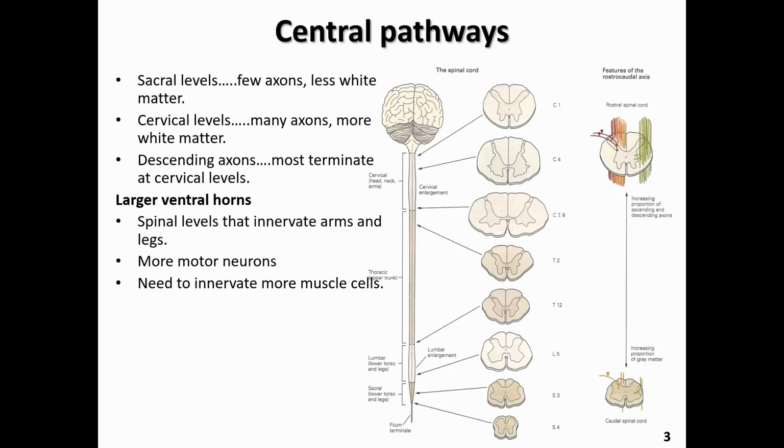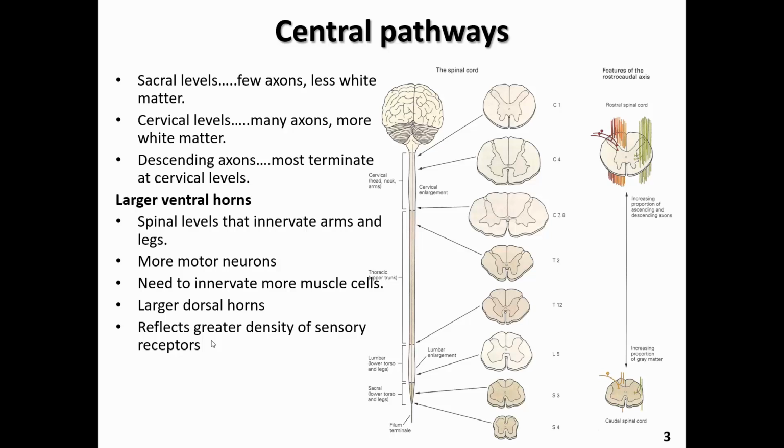because there's a need to innervate more muscle cells that are located in the periphery with respect to the arms and the legs, and that reflects those larger ventral horns. In terms of larger dorsal horns, the larger dorsal horn reflects a greater density of sensory receptors.